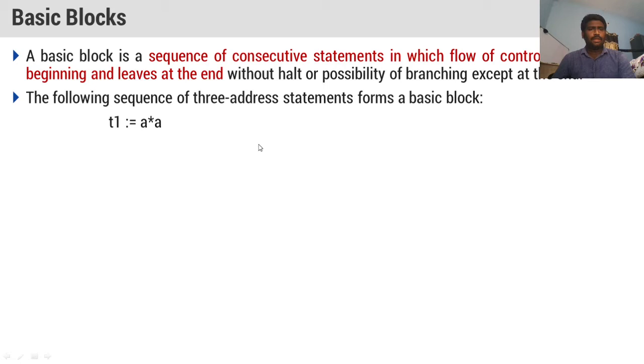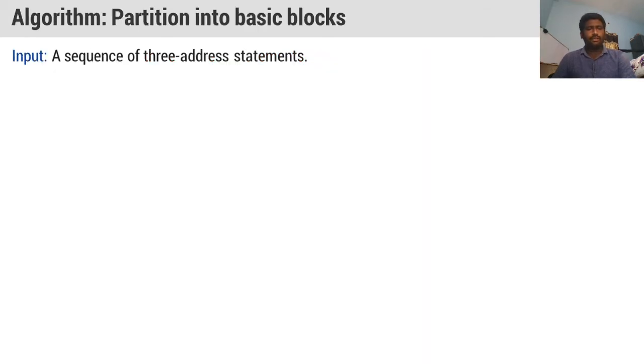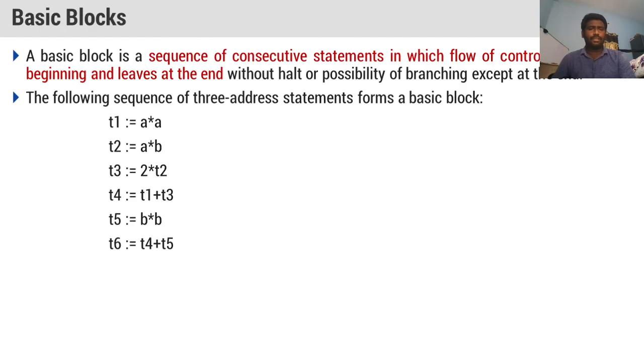Let us take the statements T1 equal to A into A, T2 equal to A into B, T3 equal to 2 into T2, T4 equal to T1 plus T3, T5 equal to B into B, T6 equal to T4 plus T5.